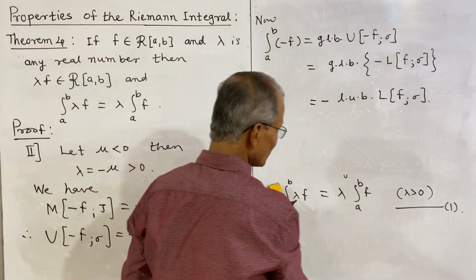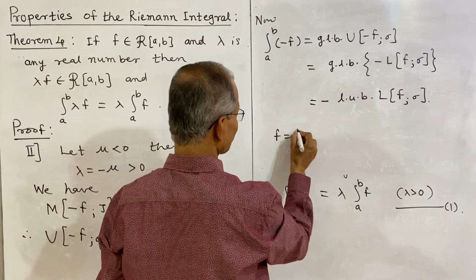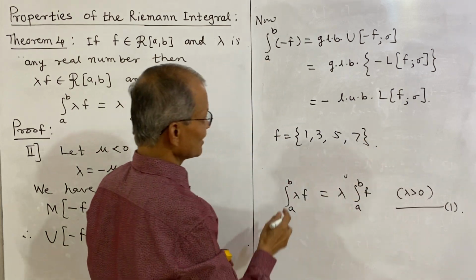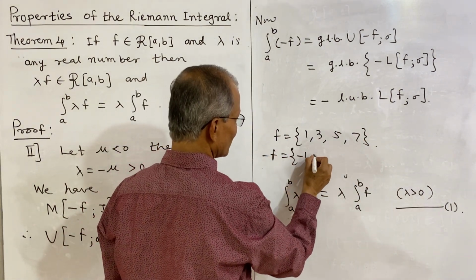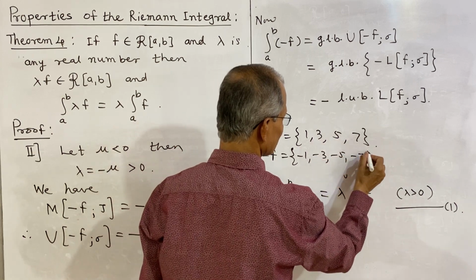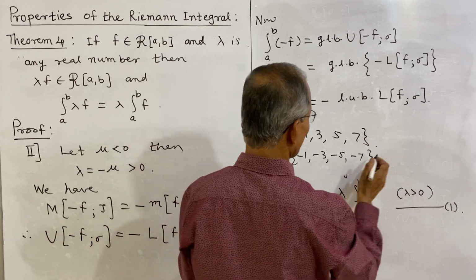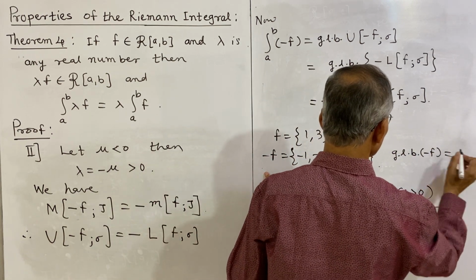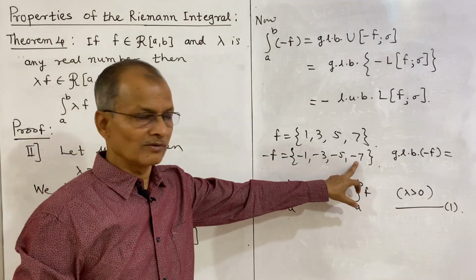Or you can refer again to the function f equal to 1, 3, 5, 7 that we have written. What is negative f? Negative f is minus 1, minus 3, minus 5, minus 7. What is the GLB of this negative f? The greatest lower bound is the minimum value, that is minus 7.